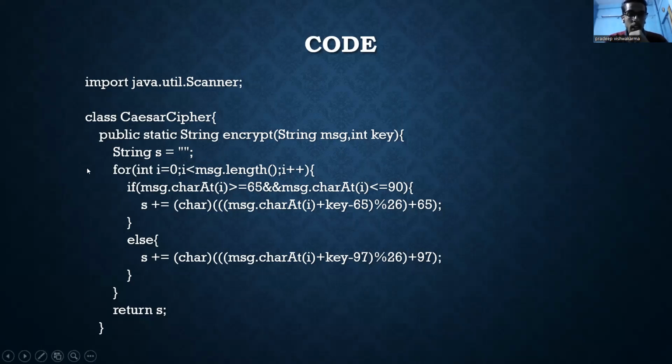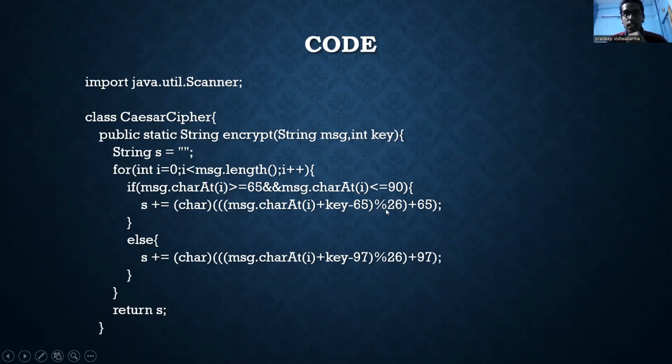I use a for loop to traverse each character of the string. Then I check if the character is upper or lower using the ASCII value of capital A and lower a. Then I make a string using this formula: I traverse each character at the ith location, add the key, subtract 65 and find the remainder of 26.